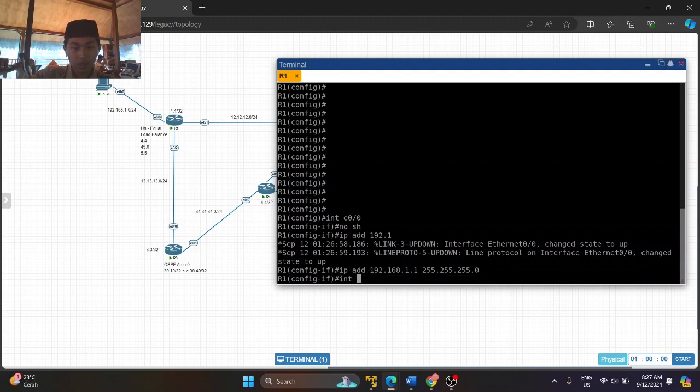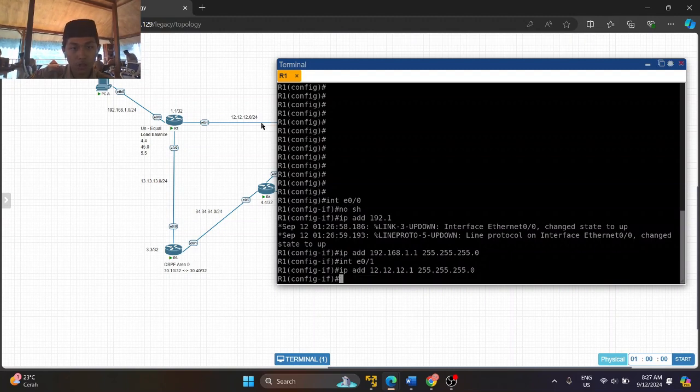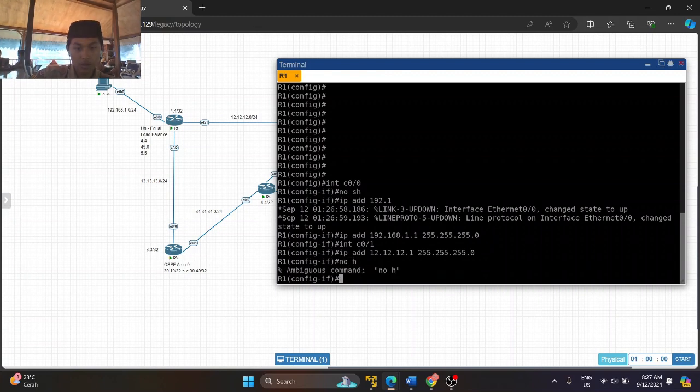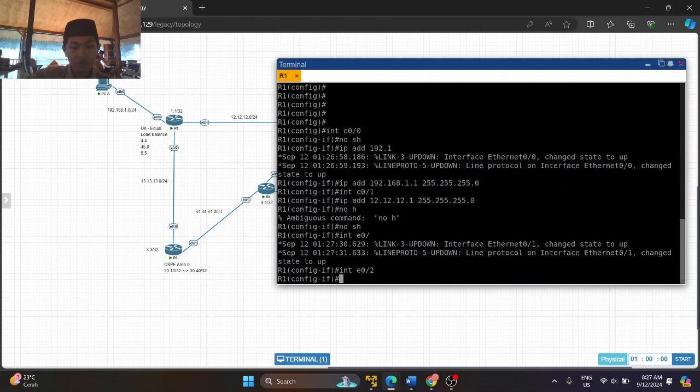And then let's move to interface E0/1 with the IP address 12.12.12.1, prefix also /24. No shutdown. Then let's move to interface E0/2, IP address 13.13.13.1, sorry, and don't forget the net mask.